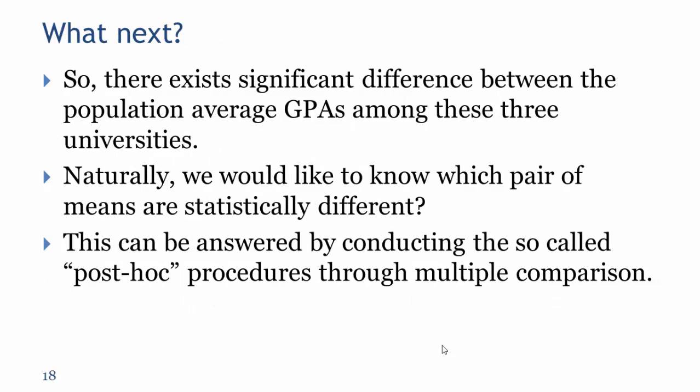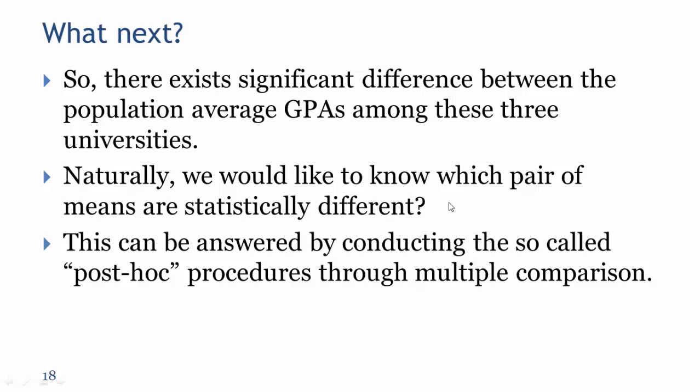Now, we have observed that there is a significant difference between the population average GPAs among these 3 universities. So a natural question is, which pair of means are statistically different, right? They could all be different from each other. Maybe there is one population mean that is different from the others. We don't know yet.